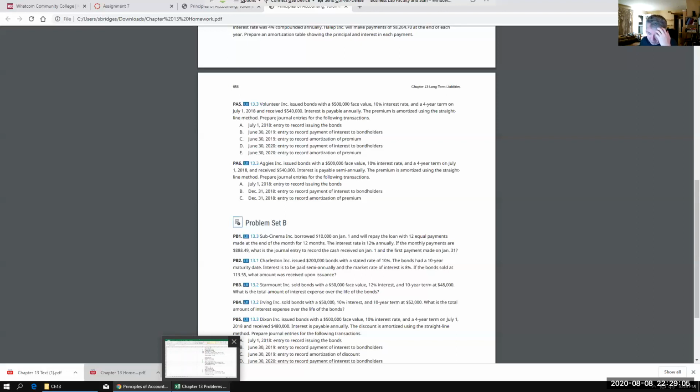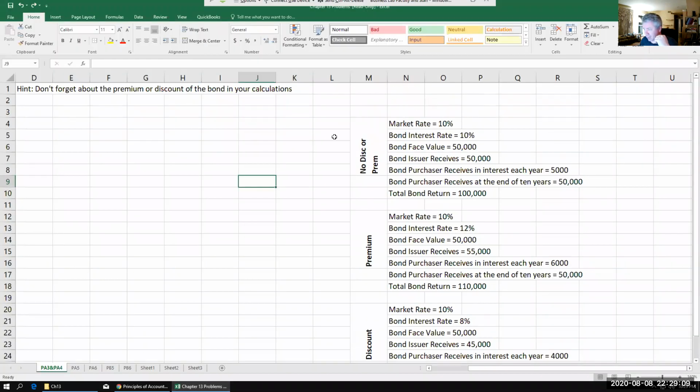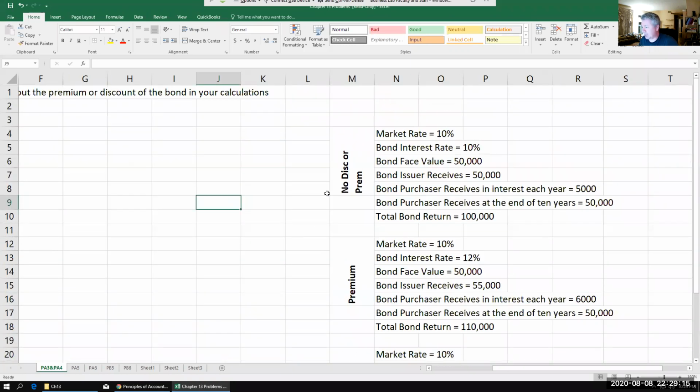So let's pop over here to the spreadsheet. In this first example, we're going to talk about premium and discount in a second. But if we have a market rate of 10% and our bond interest rate is also 10%, that means there is no discount and there is no premium.